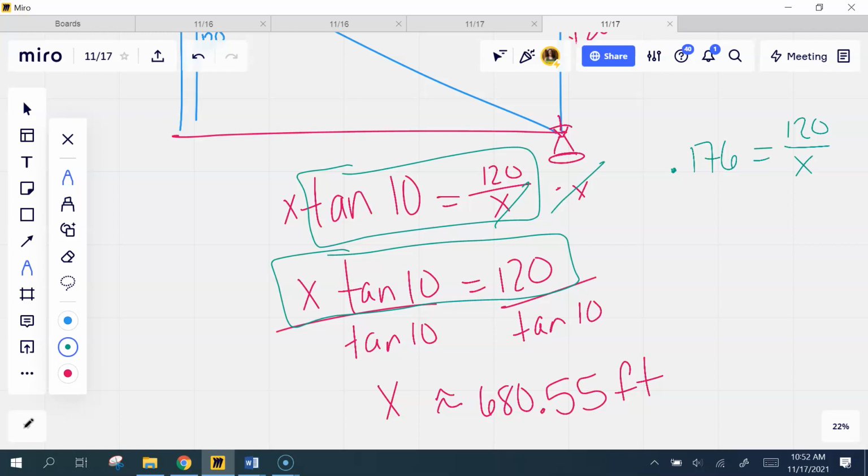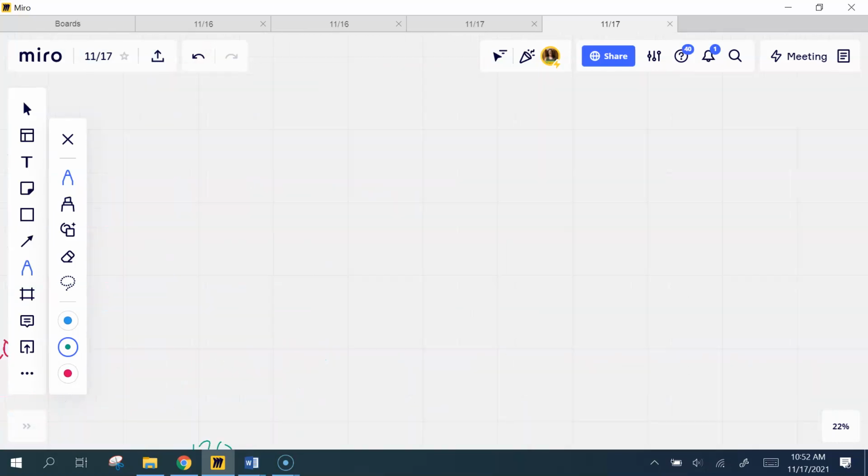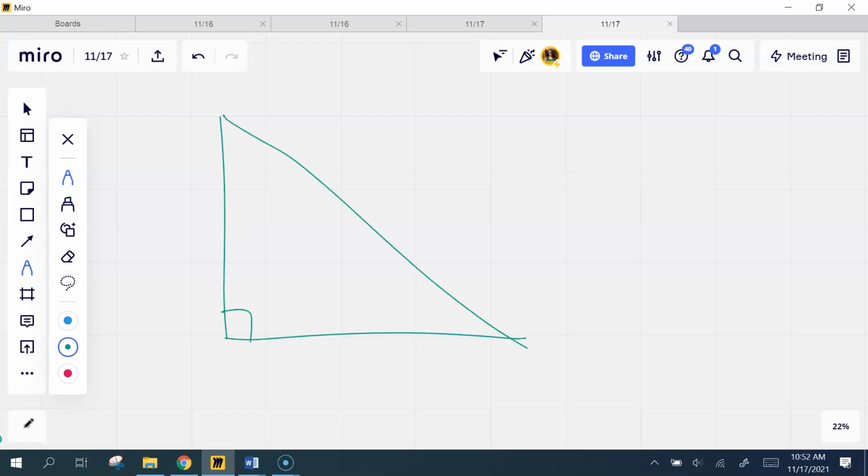What if, and this is a little bit of new stuff here. I'll come back to number 4. This is a little bit of new stuff. I'm just going to show you how to do this.